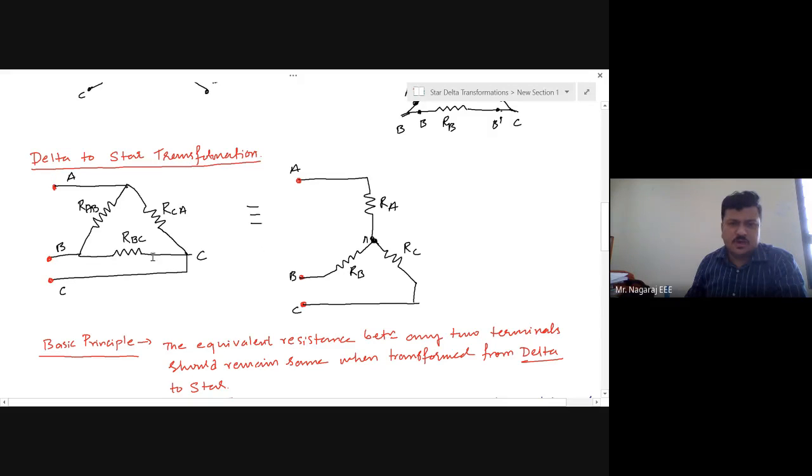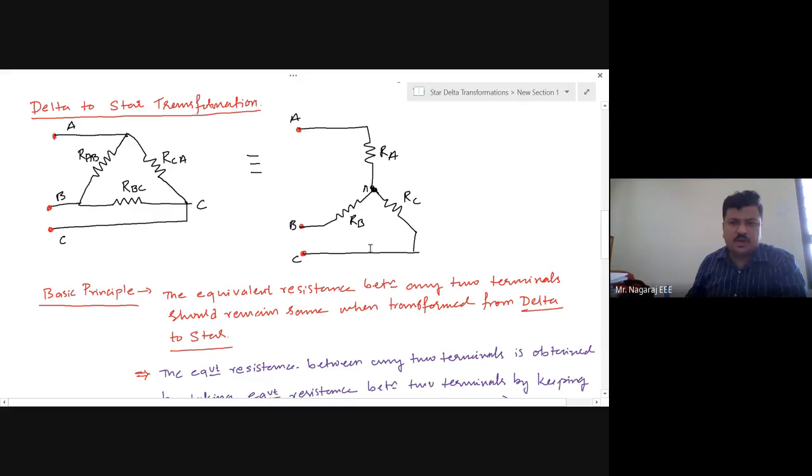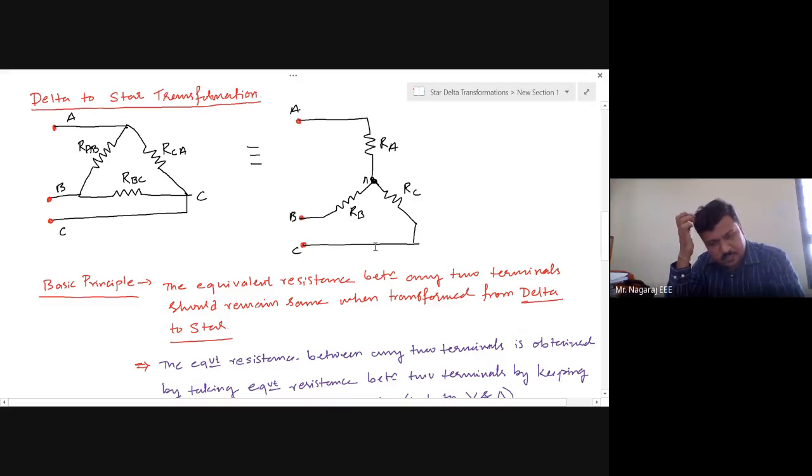To get the equivalent star, one fundamental principle has to be followed: the equivalent resistance or impedance between any two terminals should be the same in delta as well as star. To get the equivalent resistance between any two terminals, I keep the third terminal open circuited.